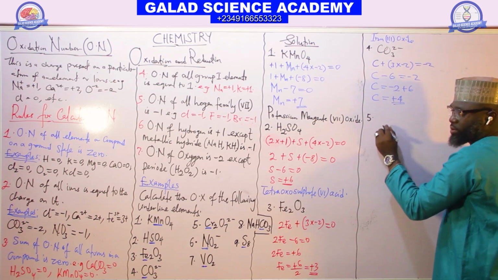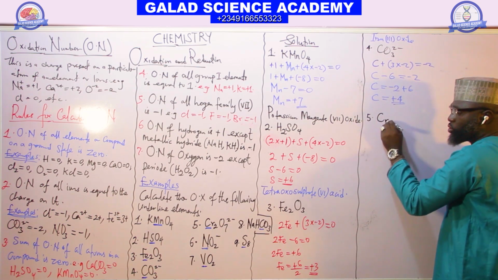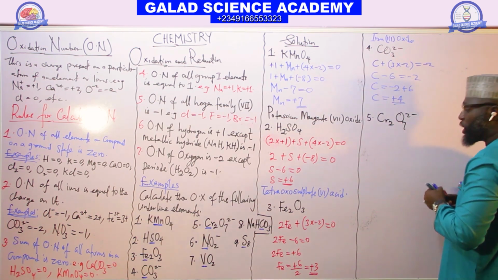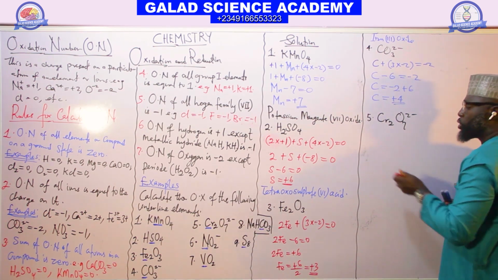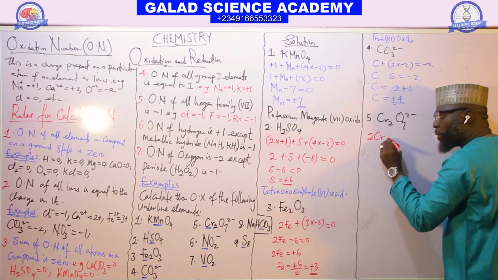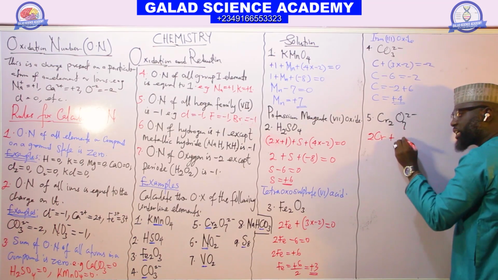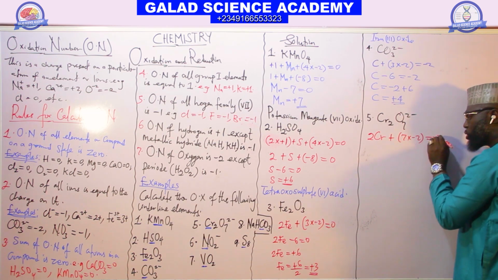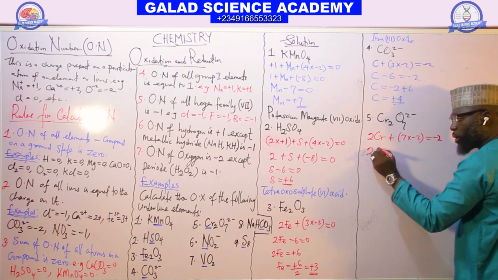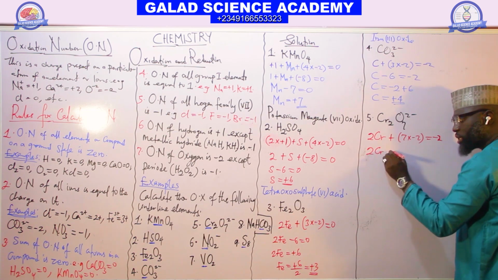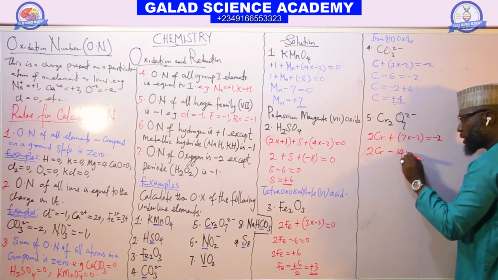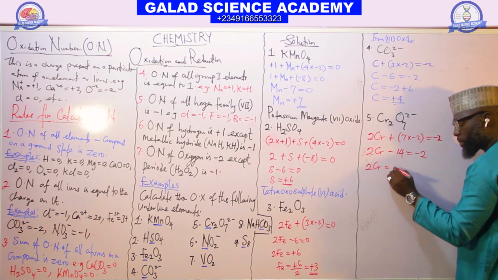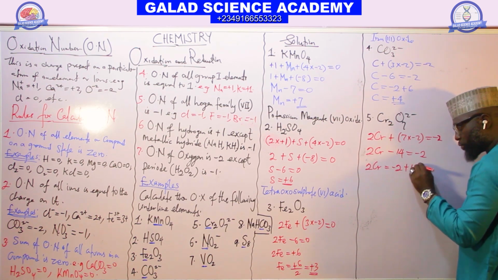Number 5 is Cr2O7 minus 2. So we are looking for the chromium there now. So it will have 2 chromium plus oxygen, 7 multiplied by minus 2 of oxygen, equal to minus 2 here. You have 2 chromium, 2 times this gives us minus 14, to be minus 2. 2 chromium equal to minus 2 plus 14.